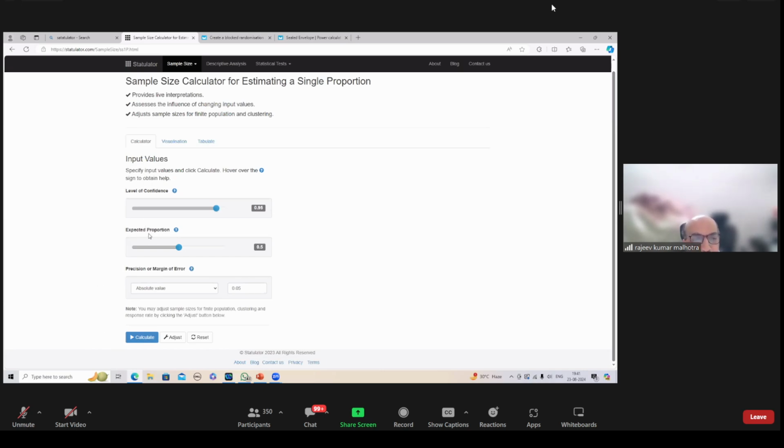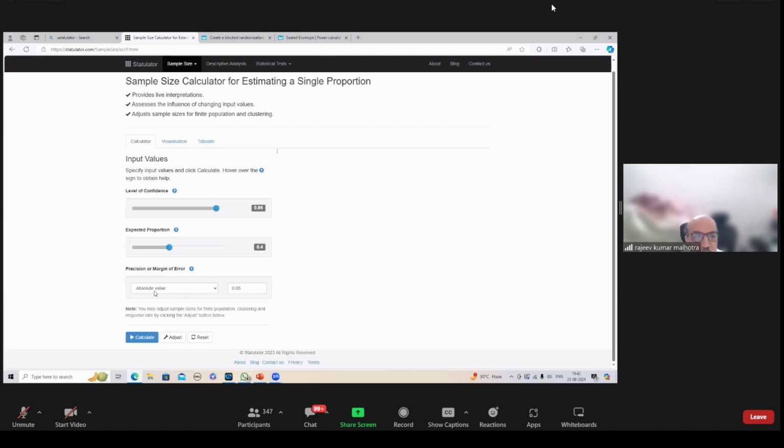This is your expected proportion. In our example it is 50%, 40%. So I am taking 40% as my expected proportion. Now, this is the precision or margin of error.